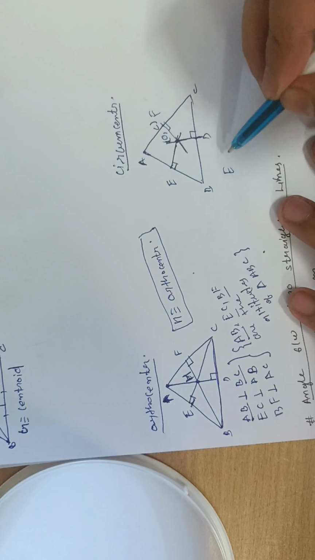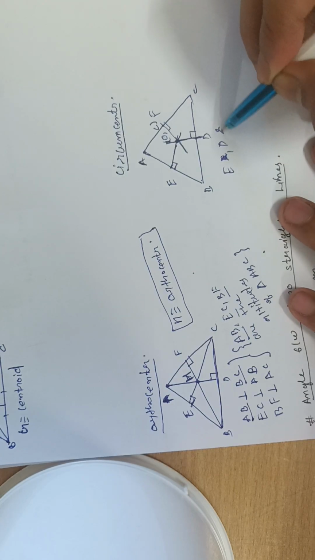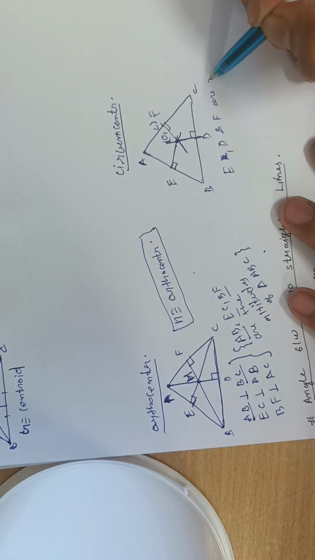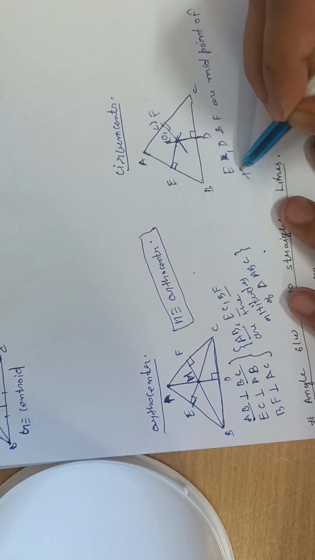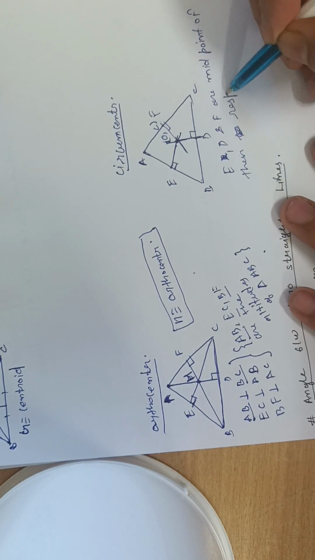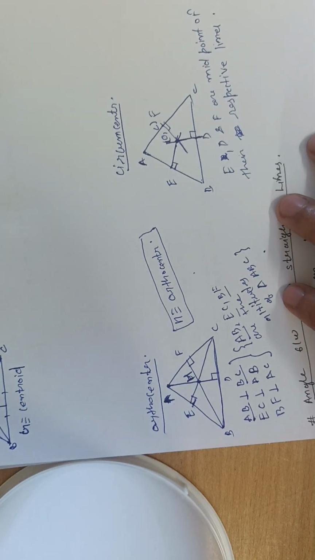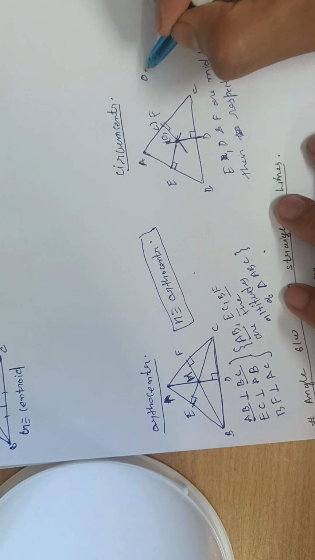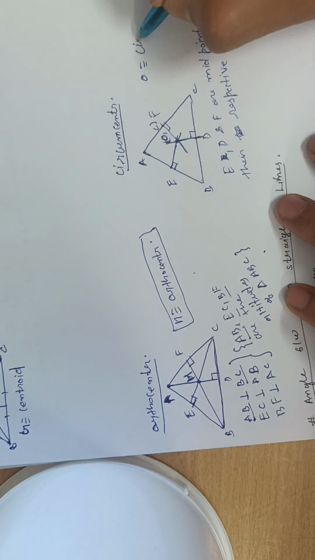And E, D and F are the midpoints of their respective lines. The point O is the circumcenter.